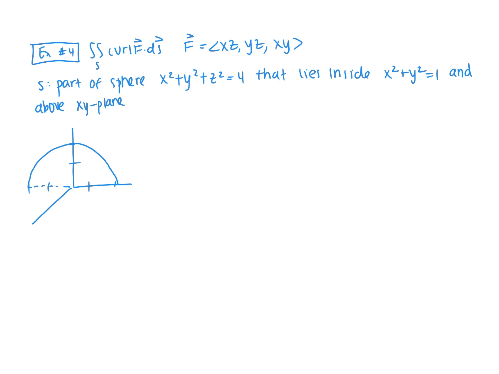But then we have x squared plus y squared equals 1. Okay, so we have to figure out what our S is. S is the part of the sphere that lies inside the cylinder and above the xy plane. So S is going to be this stuff right here.